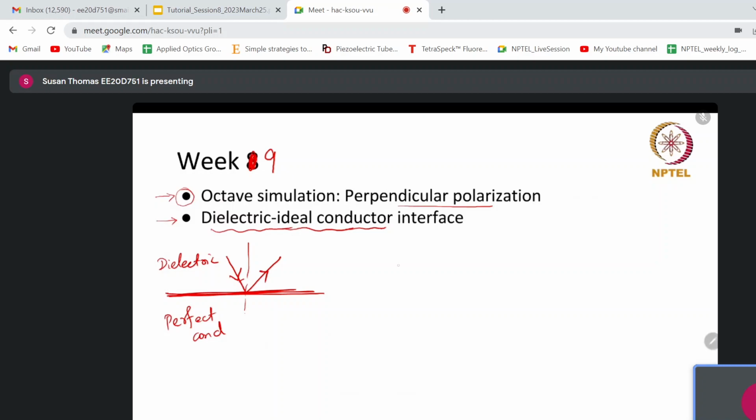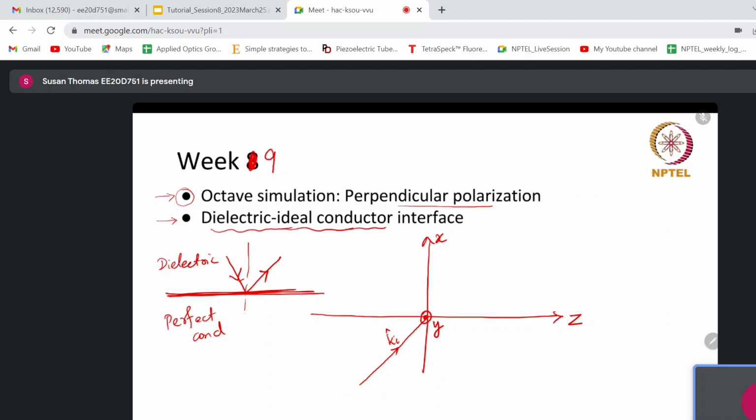Okay, so let's see. Let us draw a schematic first so that our concepts are clear. So we have x and z, and y is normally outward, and imagine that there is an incident wave coming in this direction. So this is my ki vector.